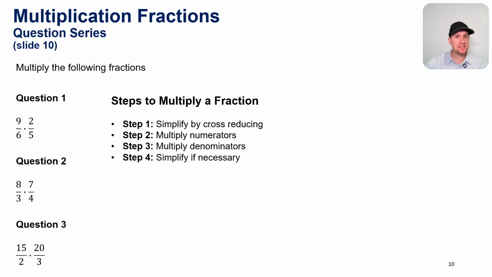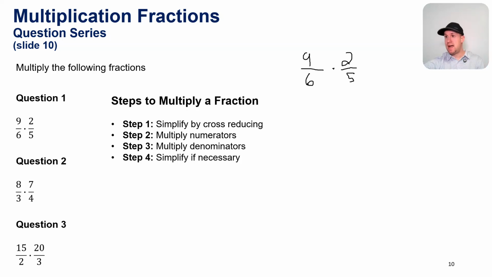Now let's multiply some fractions that include improper fractions within the mathematical statement. So starting with question number 1, we have 9/6 times 2/5. My step-by-step process for improper fractions is the same as previously.